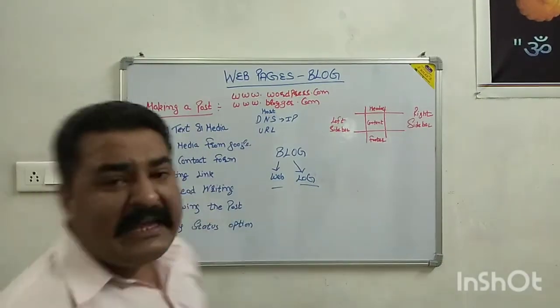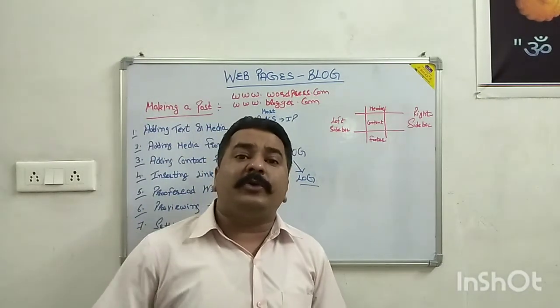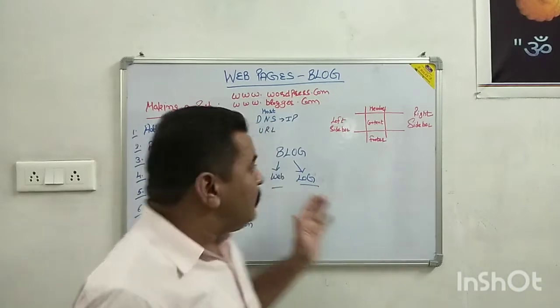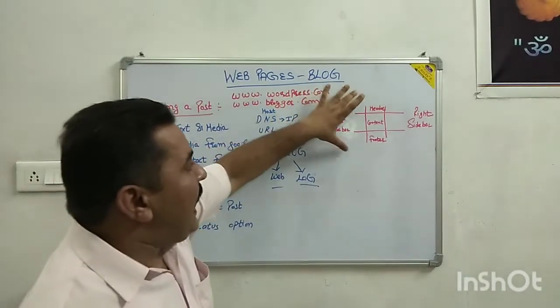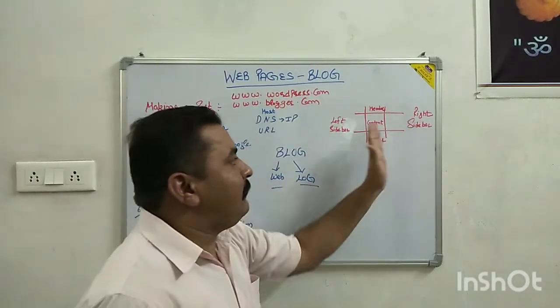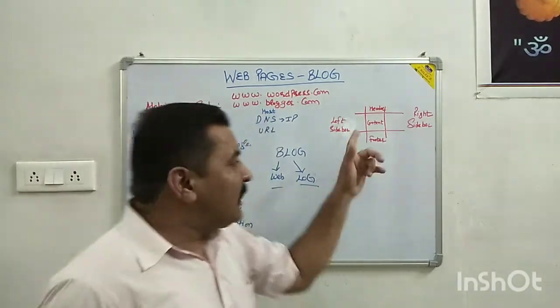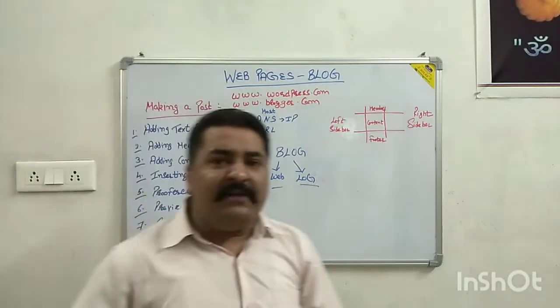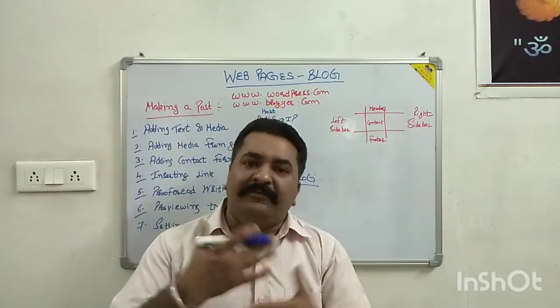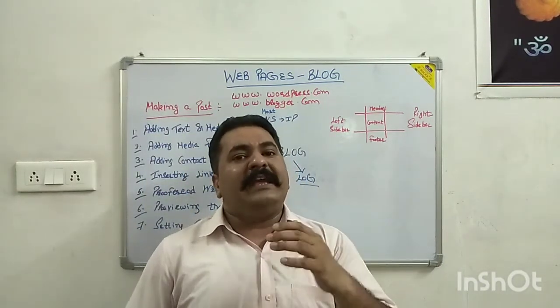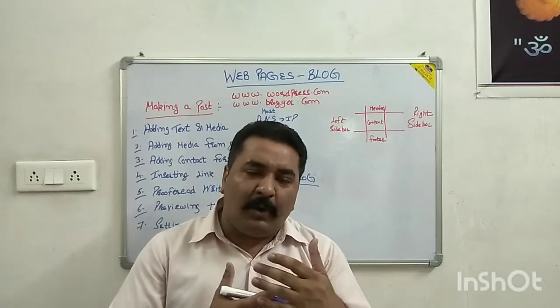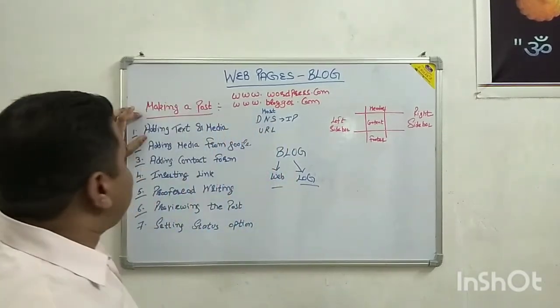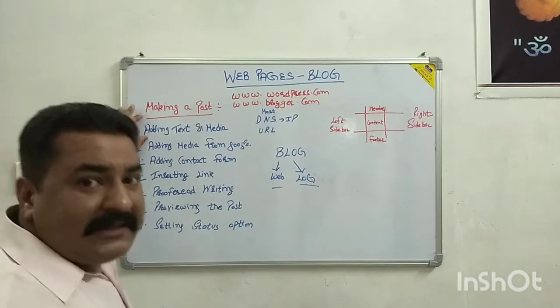Creating a post or making a post on a blog, how can we do it? We have to start with a header, footer, left sidebar, right sidebar, and the content of the structure of the blog. First thing is adding text and media. Whenever we are creating any post, as on Facebook, we can use the same thing in a blog. We have to add text to the post.